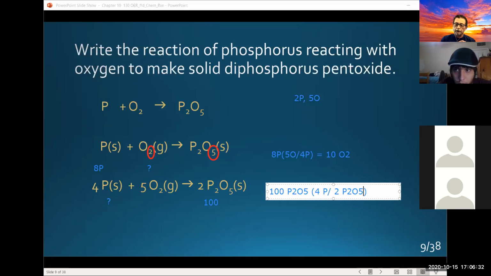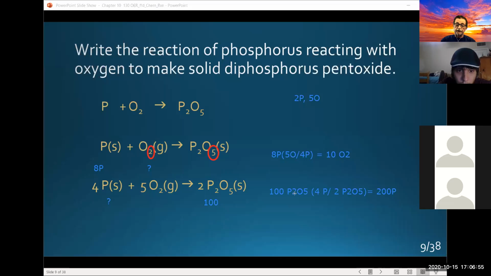Yep. And now it's a matter of doing the numbers. So it's 400 divided by 2, which gives me 200. 200 what? Phosphorus. Exactly. And you can see that my P2O5s cancel out, leaving me units of phosphorus, just like we did when we were doing conversion factors, from units to units.